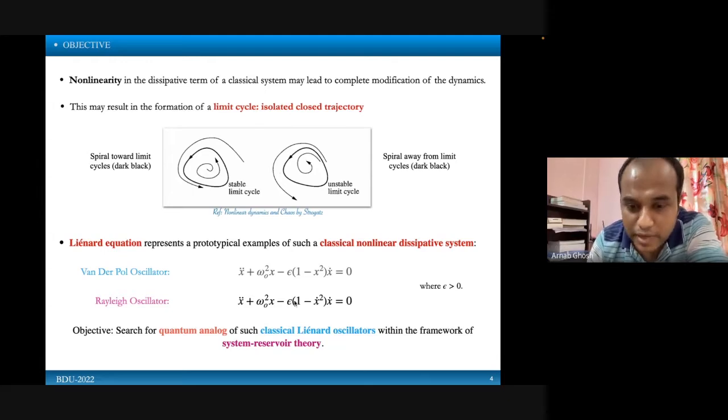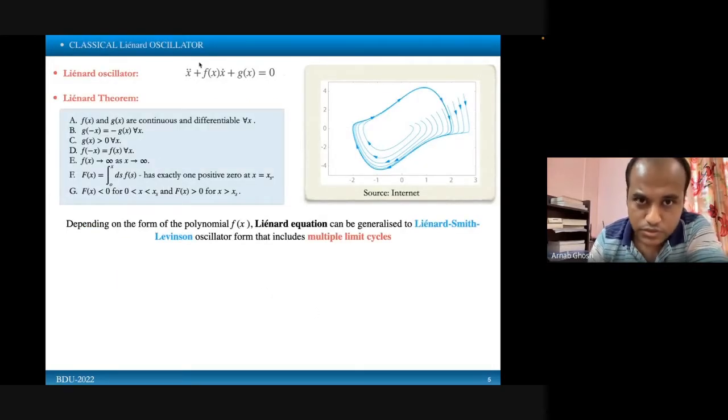Let me explain. Since these are Liénard oscillators, what is the general form of the Liénard oscillators? It is given by a second order differential equation, where f(x) and g(x) satisfy some conditions.